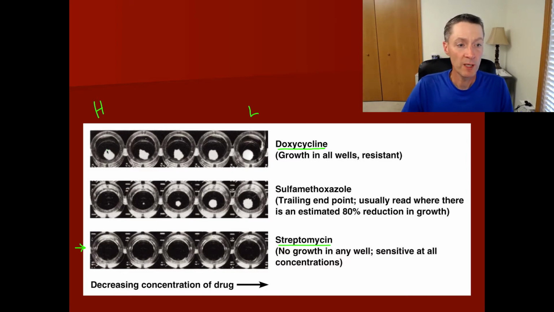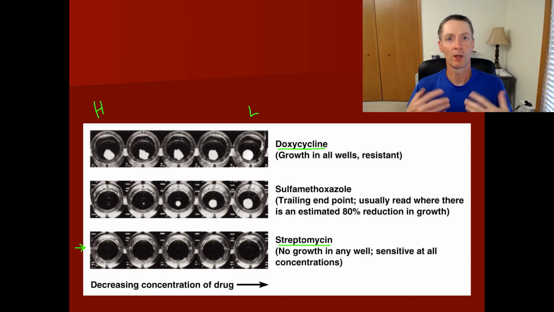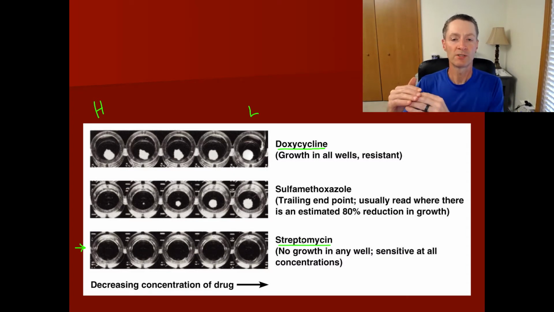And it looks to me that we do have growth in every one. All right? Doesn't seem as effective, this doxycycline, as streptomycin. So there's the first thing that we see right off the bat. This starts to allow us to tell the difference in the effectiveness between two drugs here, right?